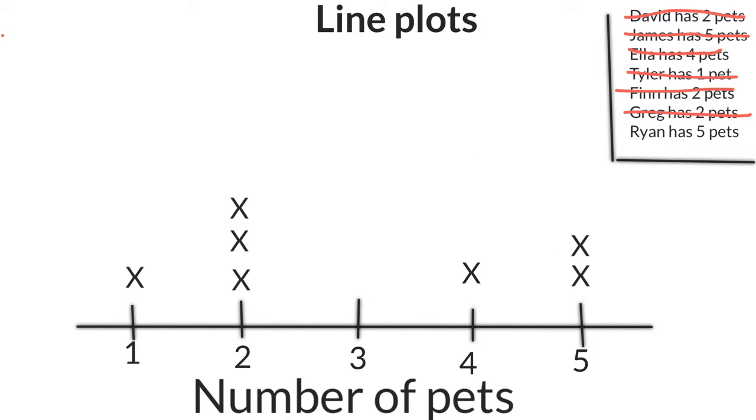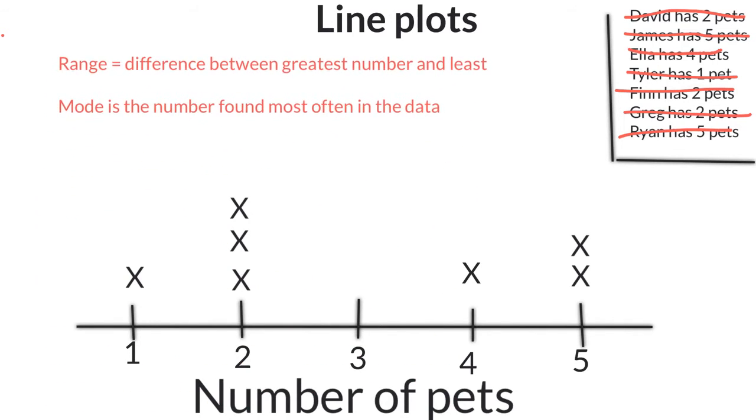Okay, so once our line plot is complete and we've charted everything out, we're going to get some data and figure out 2 different data points, which I'll bring up now. We have the range, which is the difference between the greatest number and the least, and mode is the number found most often. So what does that mean?